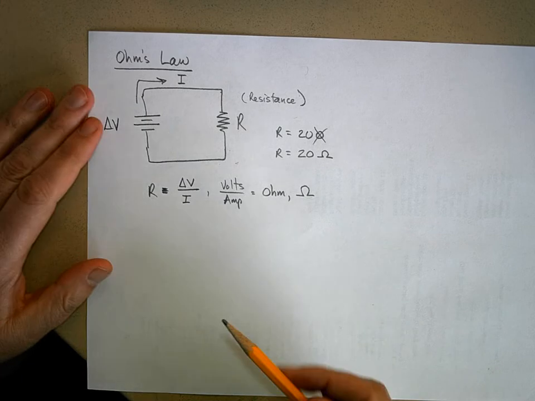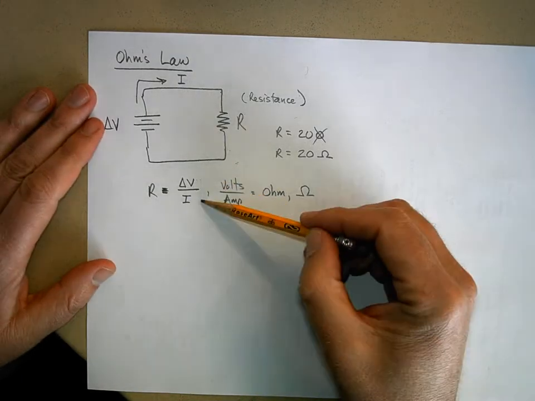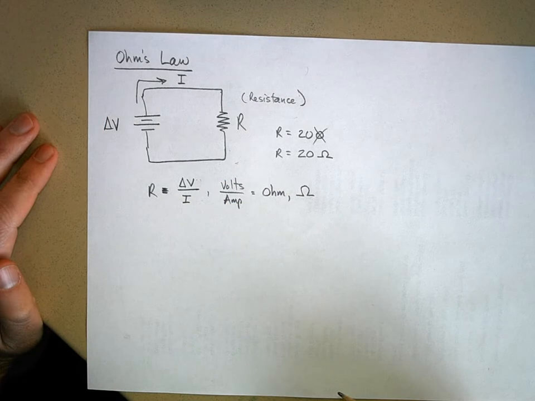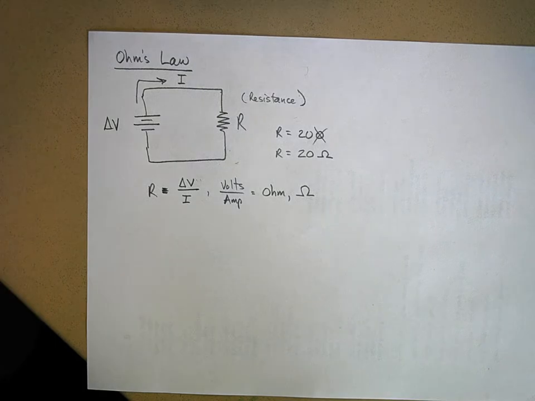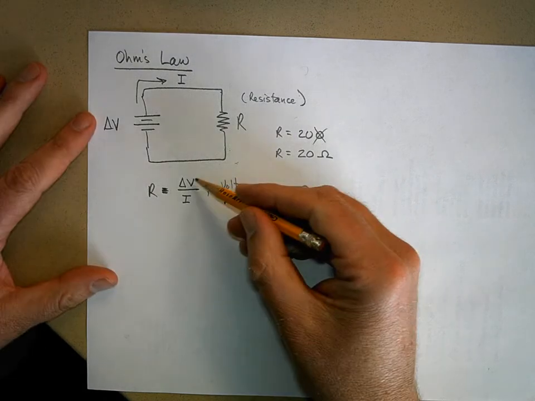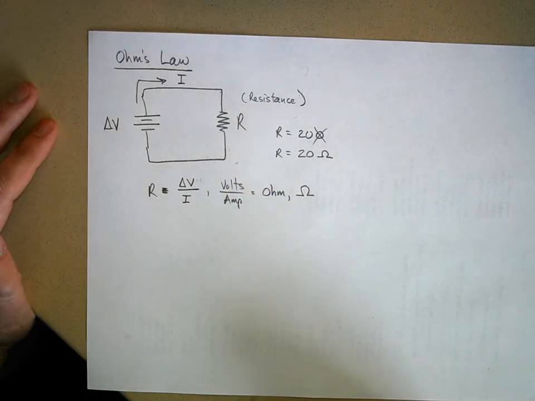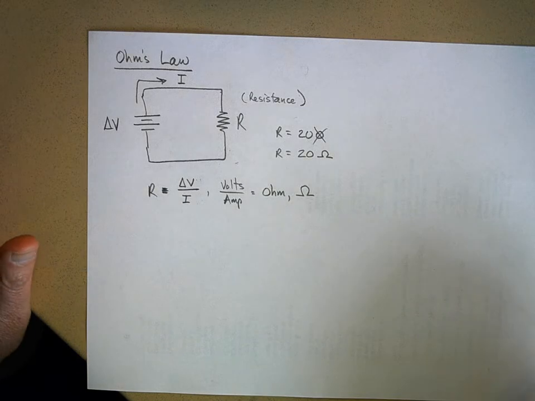Now, this ratio of the voltage per unit current, this resistance, for some materials it's constant. For some materials it's not. But what we're going to assume is that this ratio of voltage per current is going to be constant. And it's not quite true.